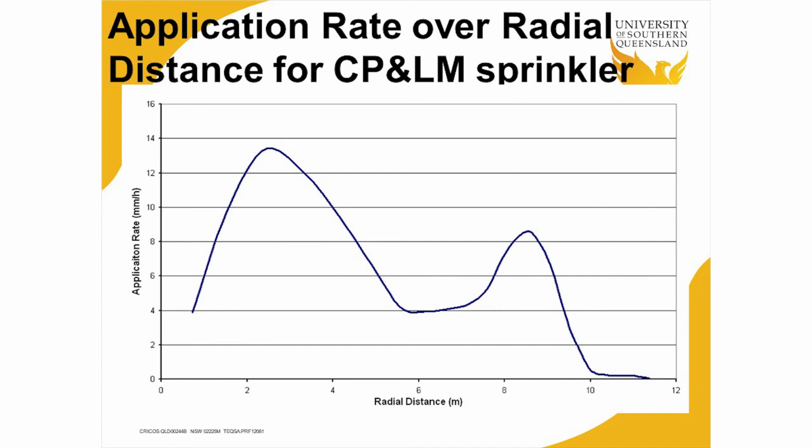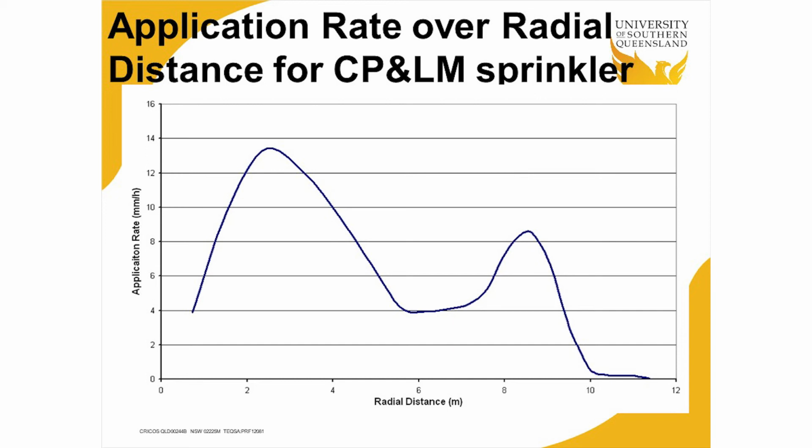The challenge has always been that when you have a sprinkler irrigation system, you've got a rotating device and you're typically trying to irrigate square portions of field or triangular portions of fields or up against fence lines and other things. And here's a plot of the variability of the application rate of the sprinkler as we go from the centre on the left out along the radius, the radial distance, out to some areas out there at 10 and 12 metres.